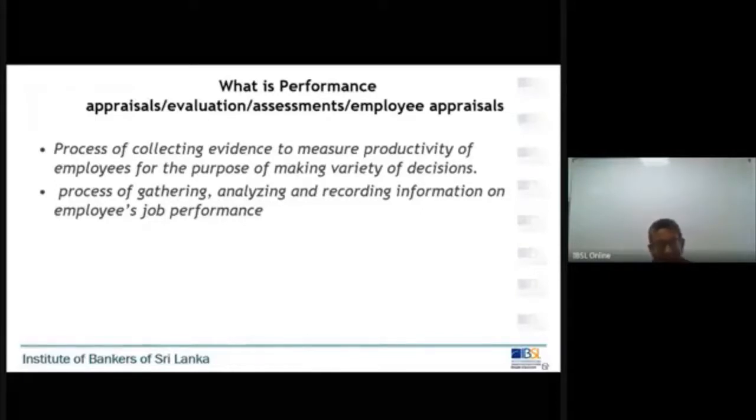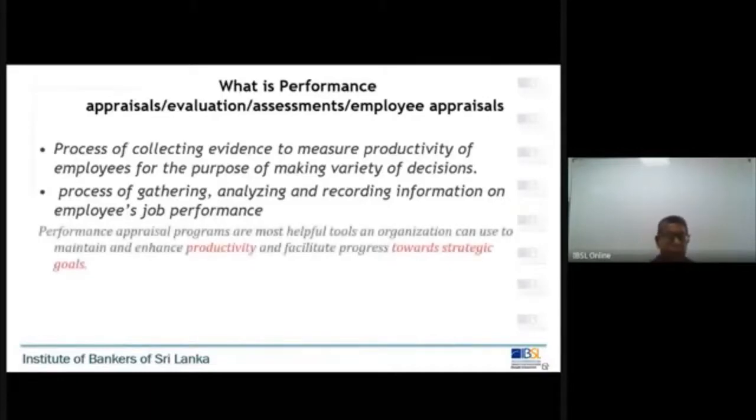Okay, so that's the important thing. Now, some people say performance appraisal programs are the most helpful tools an organization can use to maintain and enhance productivity towards strategic goals. Why are employees there? To achieve organization objectives. So through performance appraisal, you are promoted to do more work, thereby improving your productivity, thereby ultimately achieving strategic goals.